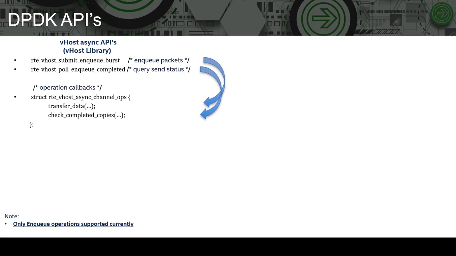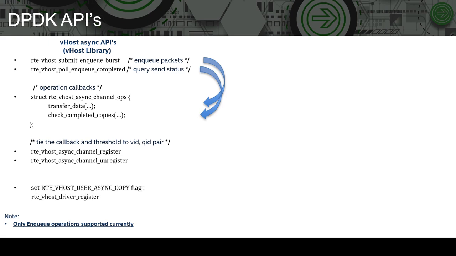Let's now check what APIs DPDK supports to facilitate this. The vHost library supports these two APIs: submit enqueue burst, which is used to enqueue the packets asynchronously, and poll enqueue completed, which allows us to query the transfer status of the copy. These two functions internally call a couple of callbacks which need to be implemented by the application, that is OVS.